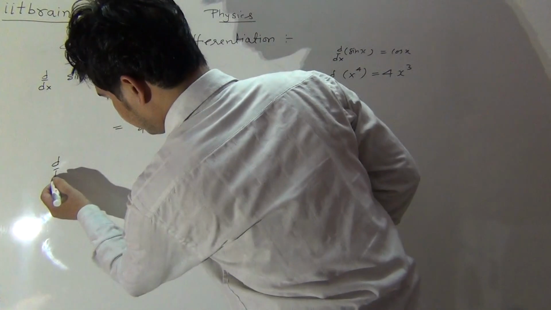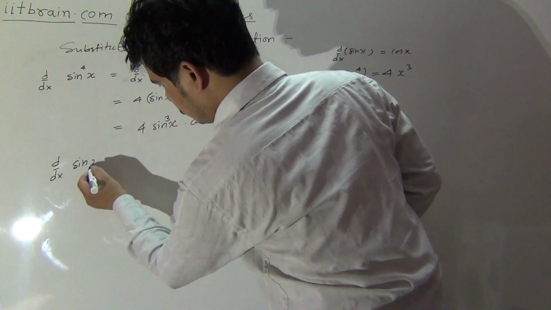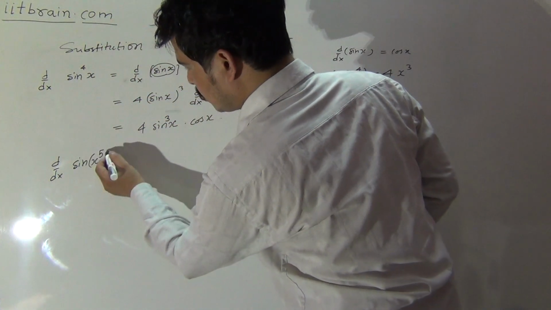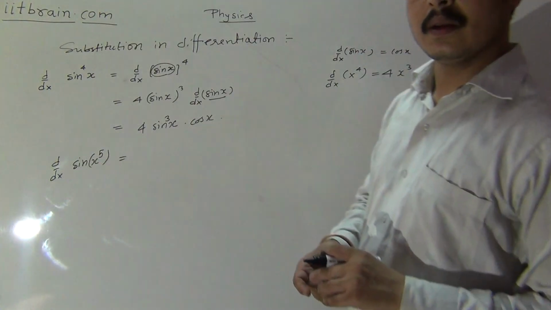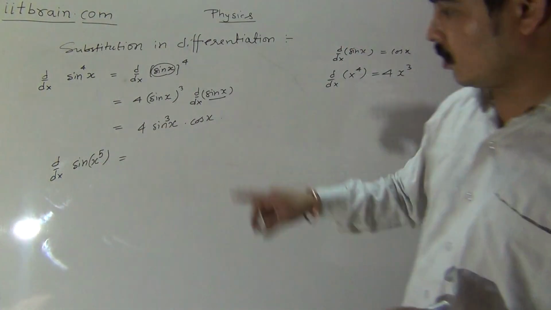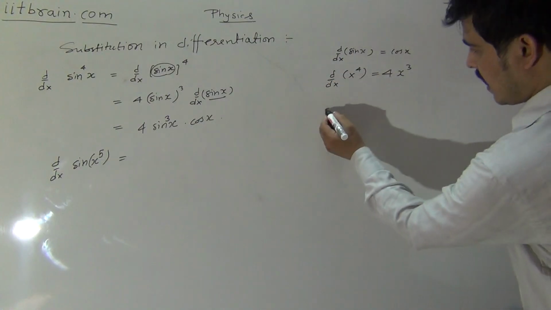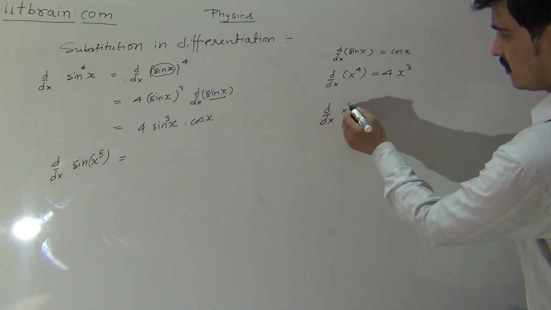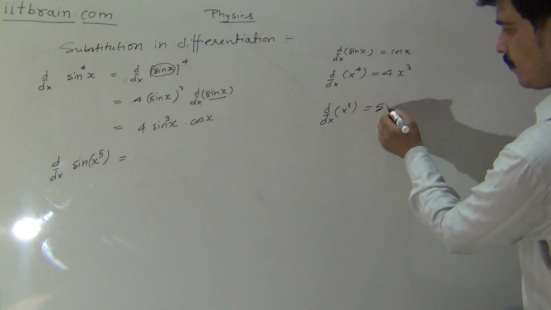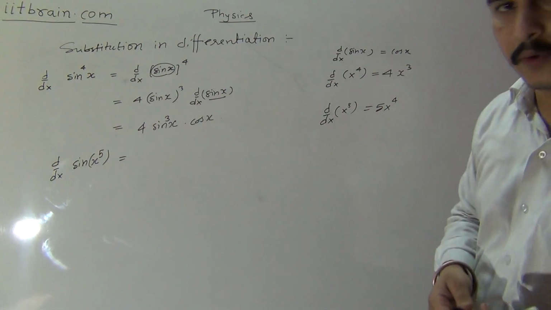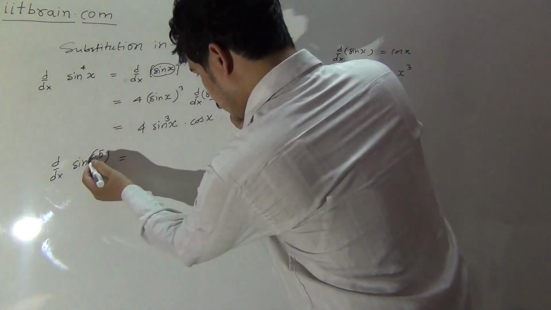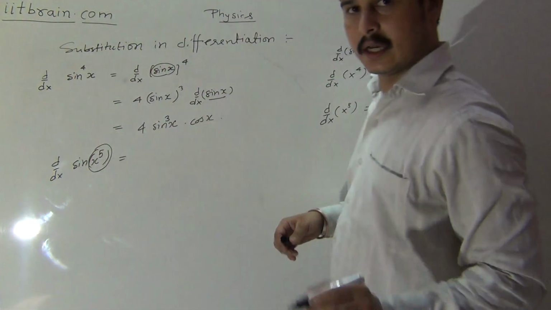Another example, consider this problem. It is sin of x to the power 5. Now this is also a composite function because it includes sin x as a function and x to the power 5 as a function. Differentiation of x to the power 5 is 5x to the power 4. Now consider this x to the power 4 as x in your mind.